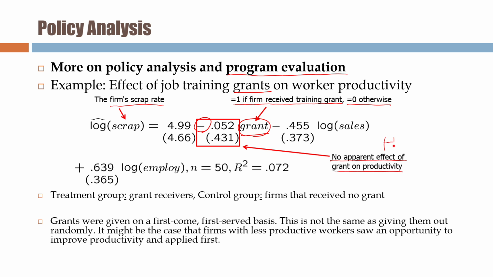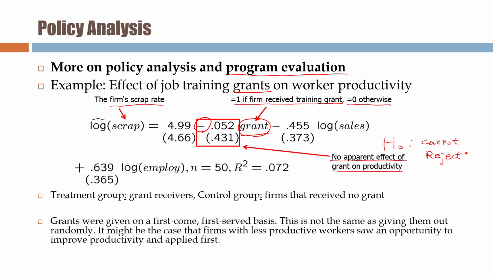Probably you cannot reject it as 0. So we can divide into two groups: a treatment group and a control group. The treatment group is the companies who received the grant, and the control group is the companies that didn't receive the grant.